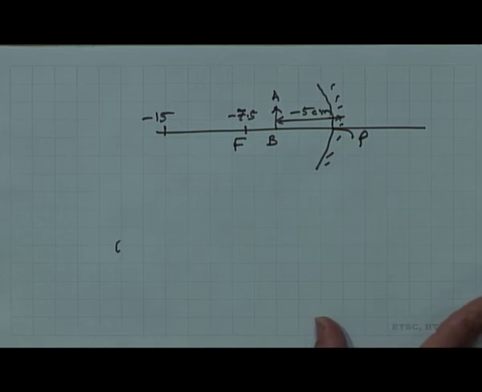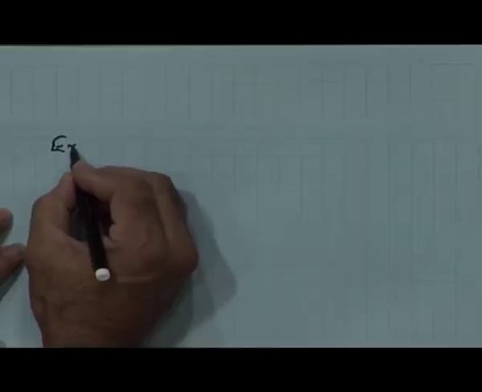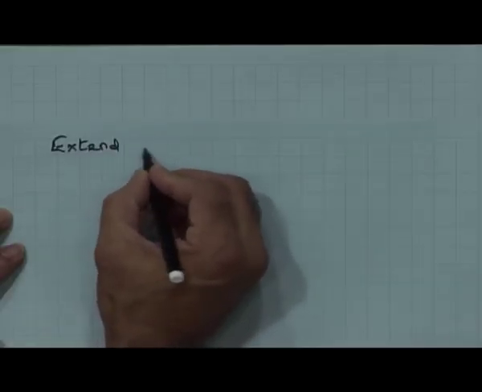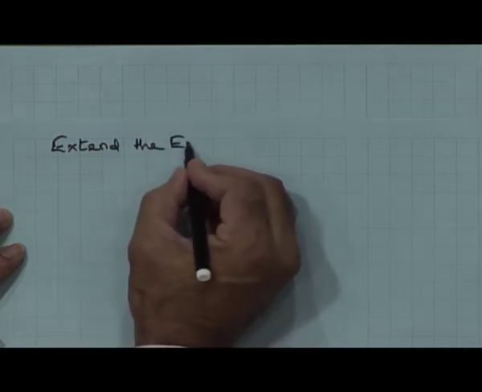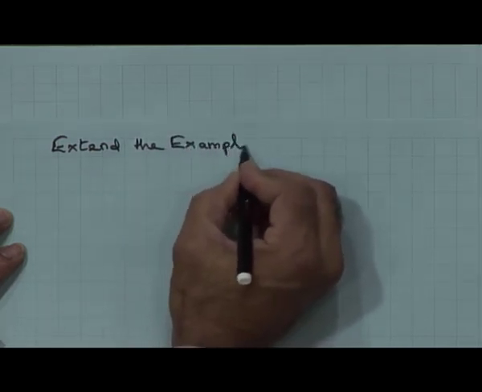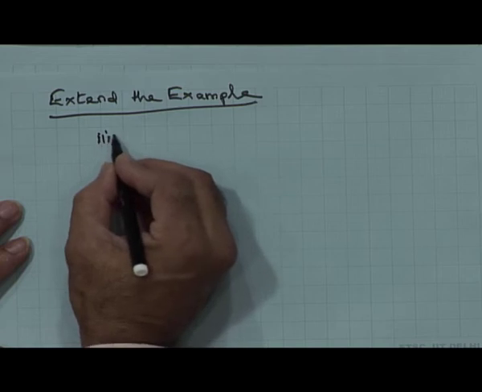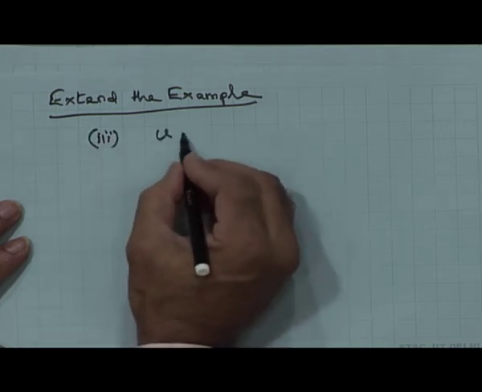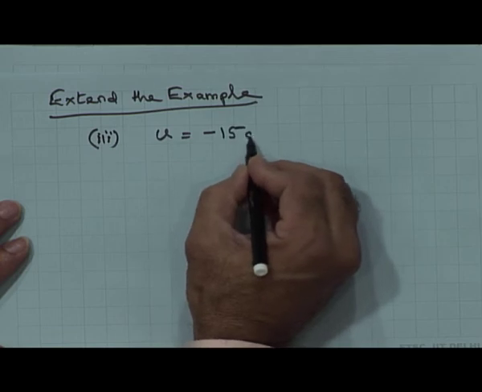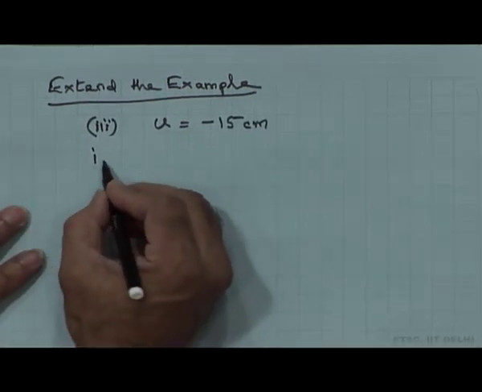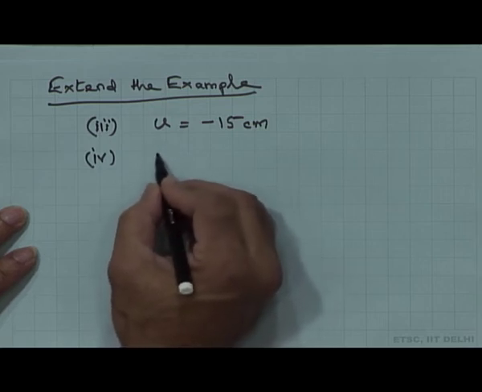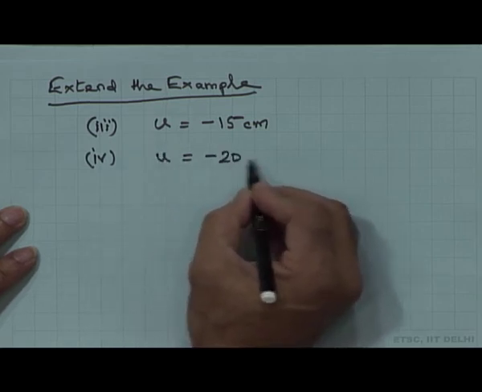Now, let me extend this example. So, this is the example which is there in the book. Now, if I extend the example further for 2 more distances: for 3, u is equal to minus 15 centimeters, and 4, u is equal to minus 20 centimeters.